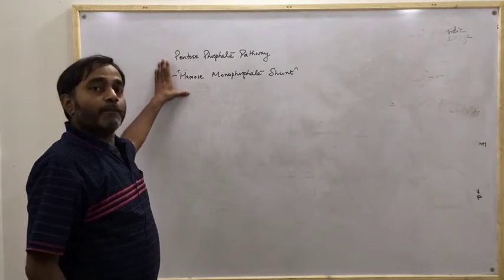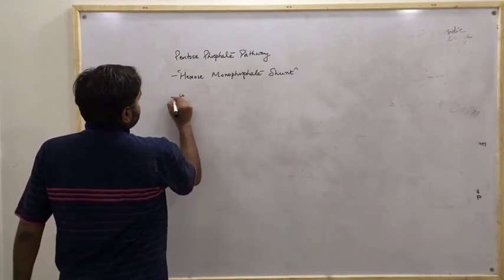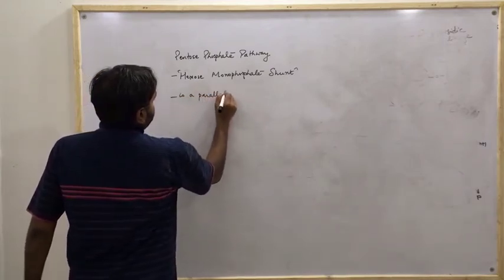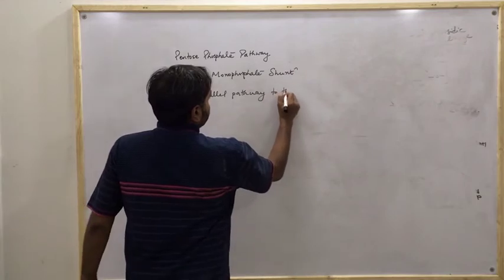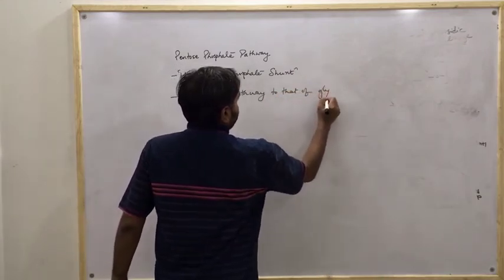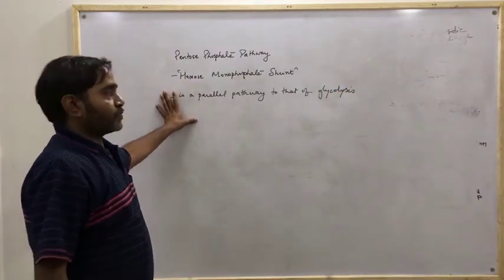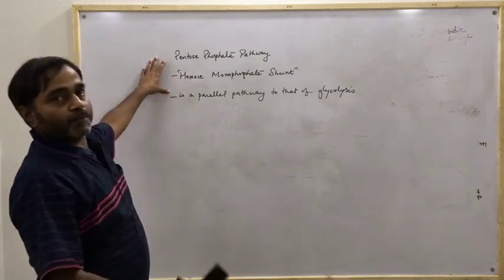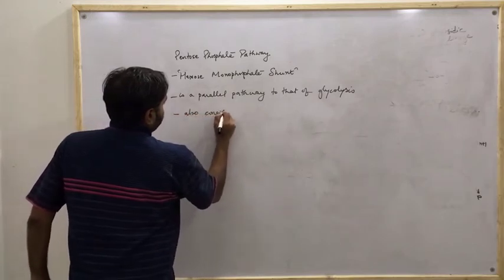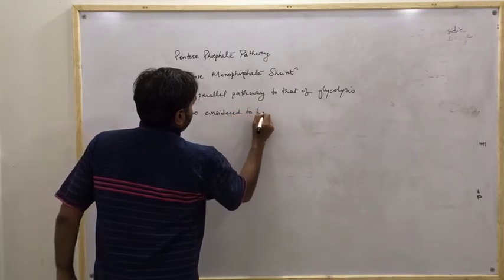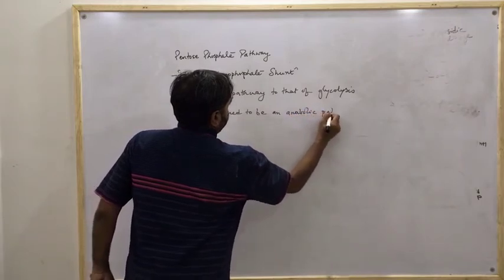We can consider it to be a parallel pathway to glycolysis, because diversion occurs from glucose 6-phosphate towards this, and this is also considered to be an anabolic pathway.